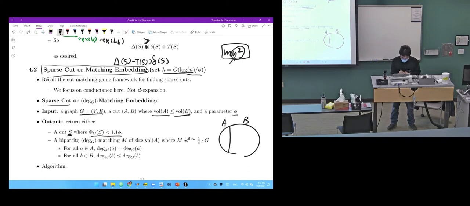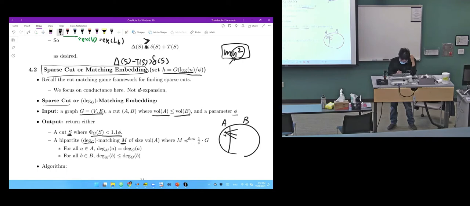Otherwise, we will embed a matching M. Actually, not quite matching, but it's a bipartite graph such that each node, it's a B matching, where the B vector is the degree of the graph.